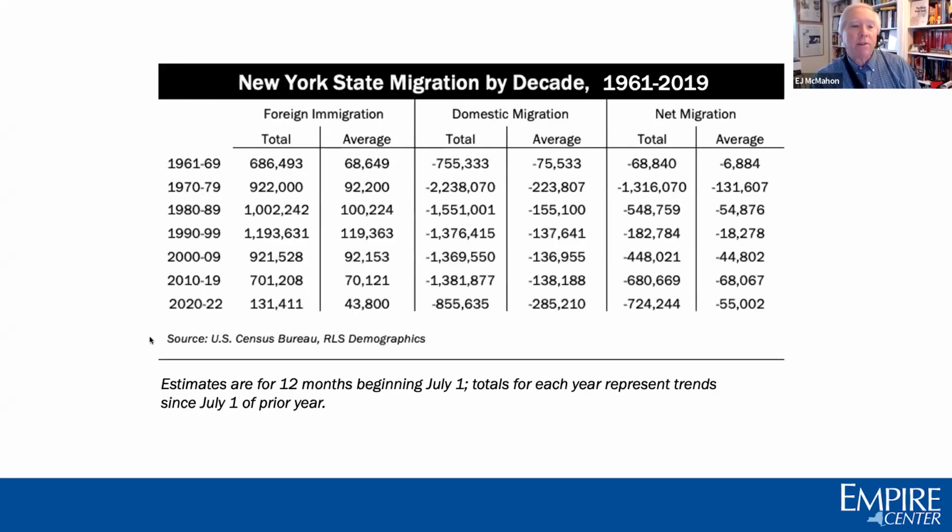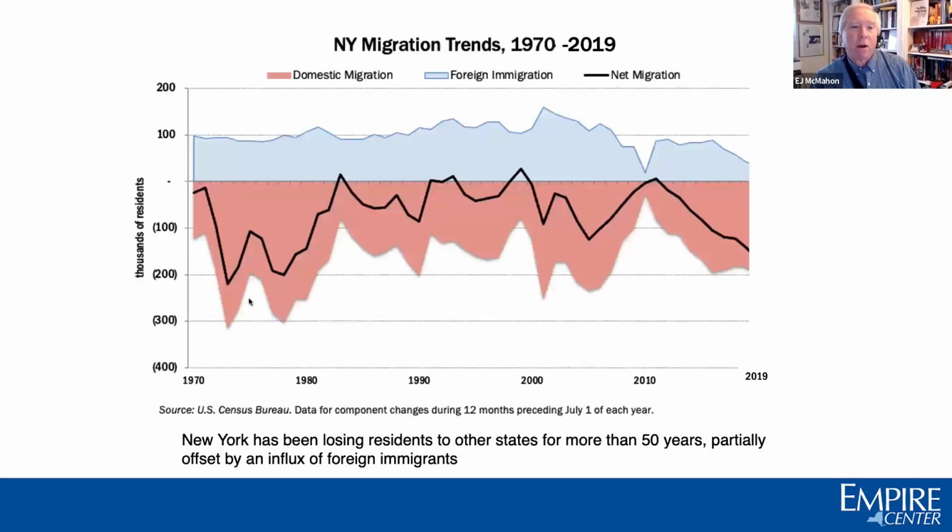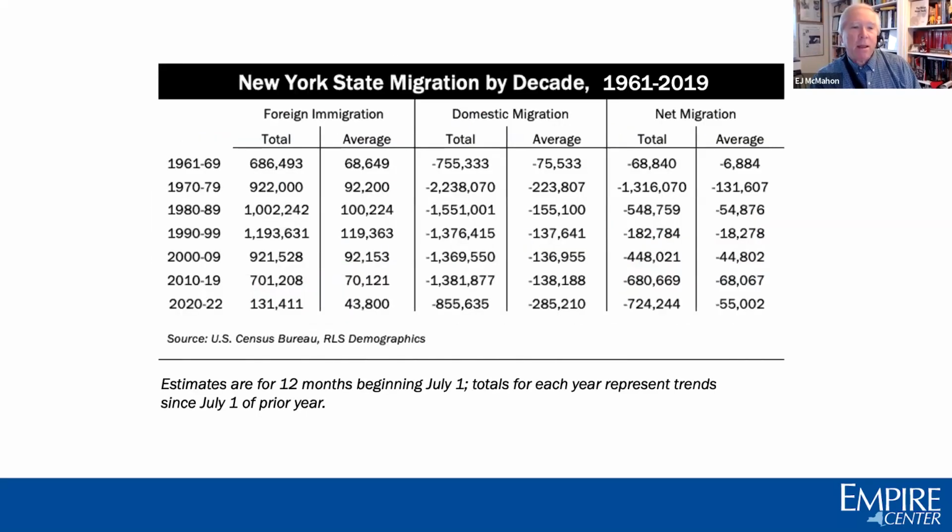So here's what we see in terms of migration by decade in New York. And actually, this is one of those charts where the whiteout wasn't there, Tim, and the bottom line there is not actually accurate, but exclude that for a minute. And what we have is through 2019, you have every decade's worth of substantial domestic migration.